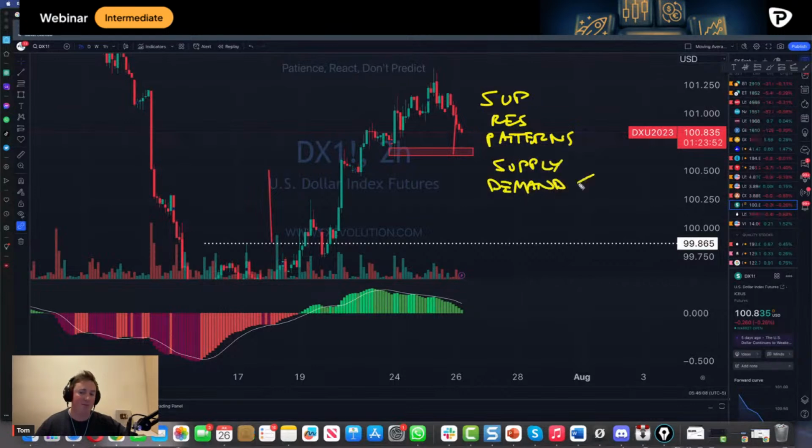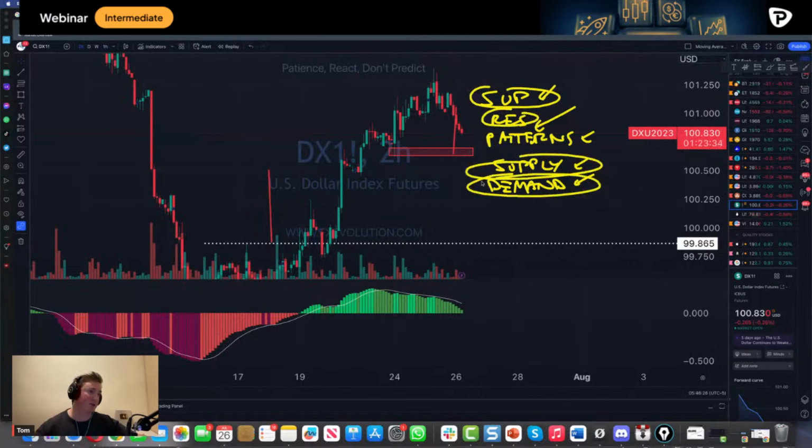If you like these types of concepts, why not learn a bit about all of them? And when you build a confluence of multiple techniques, such as multiple indicators and things like that, you don't have to necessarily use them all over the period of time. But remember, support, resistance, supply, demand, in essence, are very similar concepts.